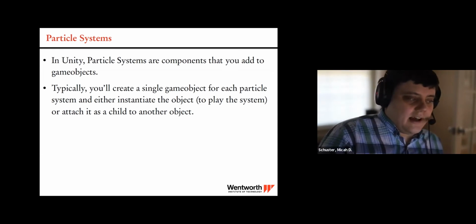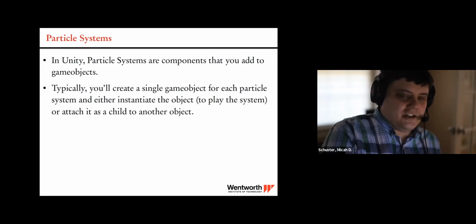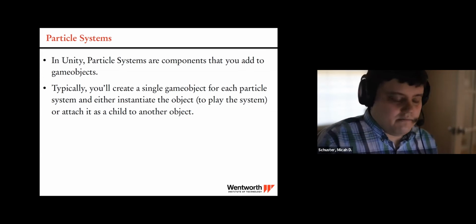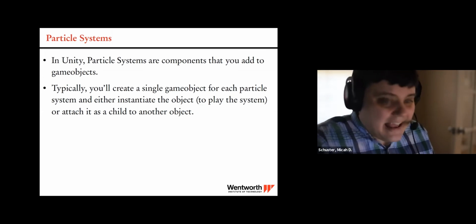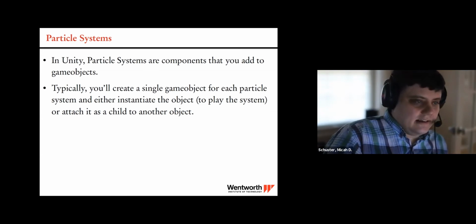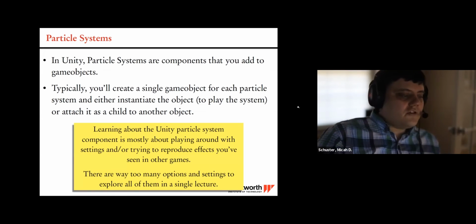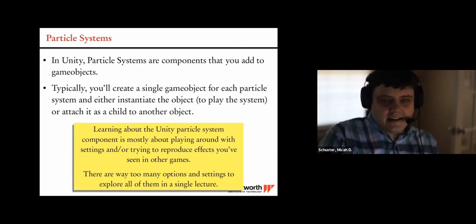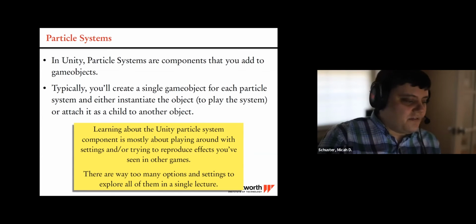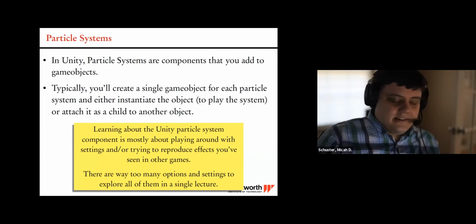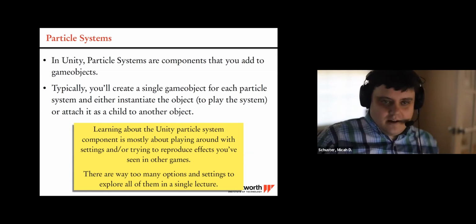So oftentimes you either instantiate it separately or attach it as a child to another object and then start it playing through code. So we'll look at a little bit of that this time and then tomorrow. Like I said, it's mostly about playing around with settings, trying to reproduce different effects. There's way too many options and settings to explore all of them.